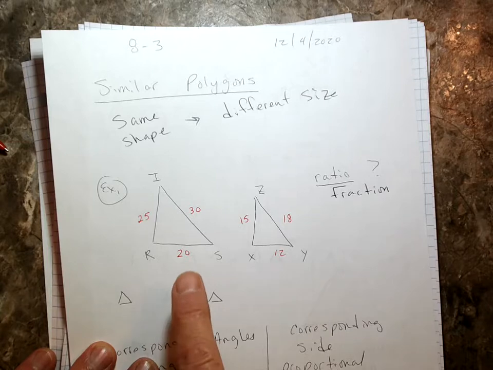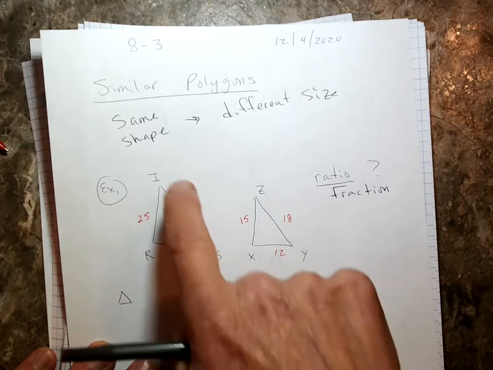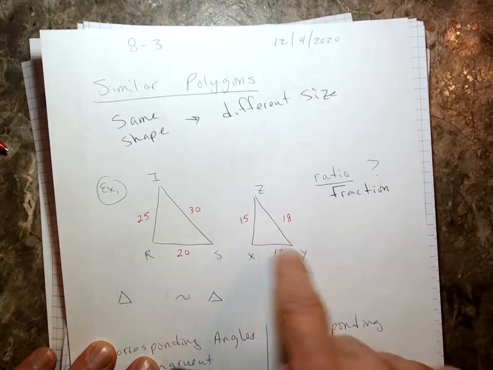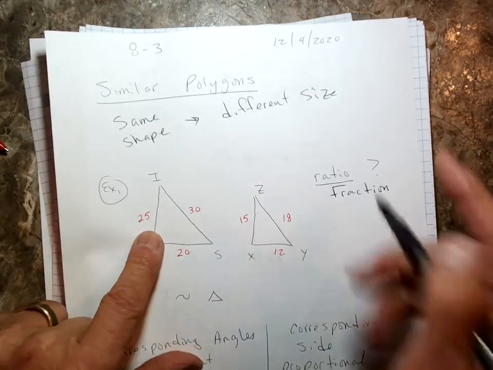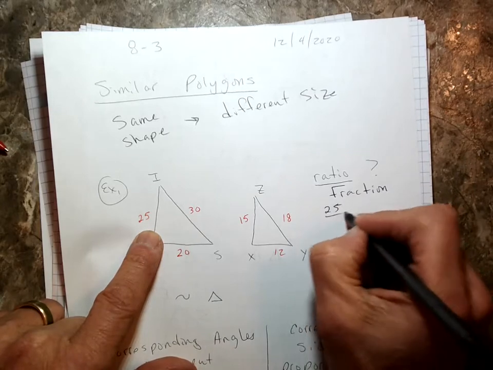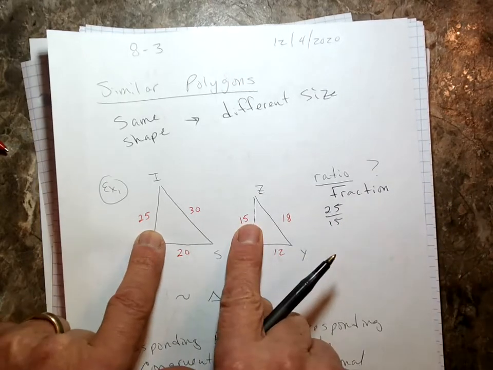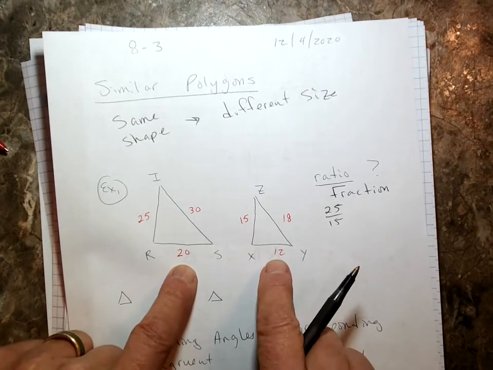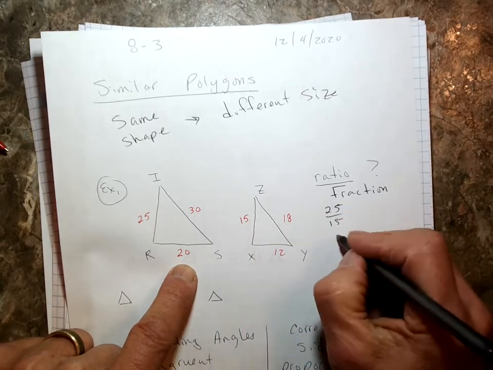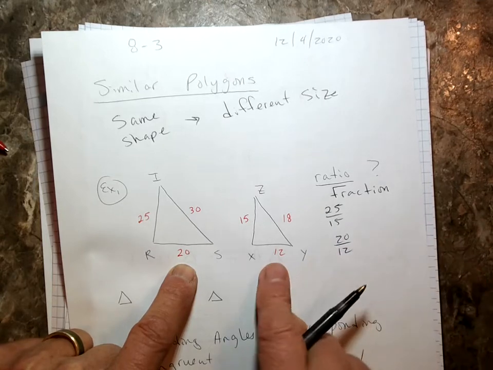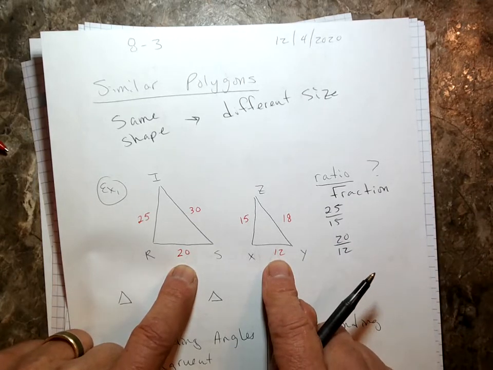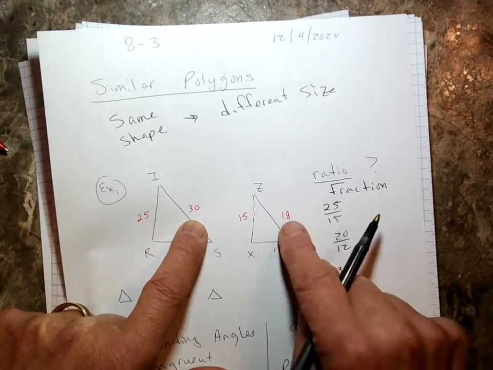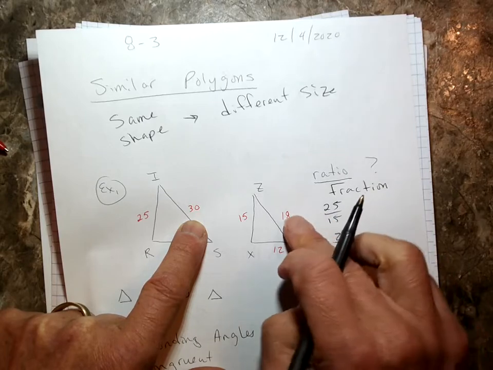If I want to find the ratio between triangle IRS and triangle ZXY, it's 25 to 15, because those are corresponding sides. Or I can go 20 to 12, because those two sides are corresponding. Or my 30 goes to 18, because these two are corresponding sides.